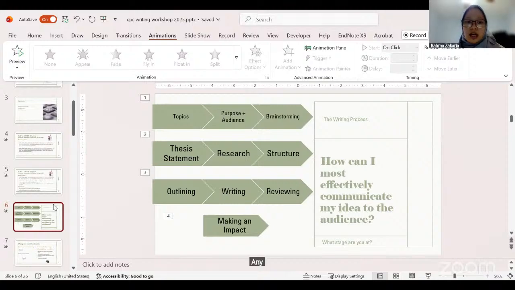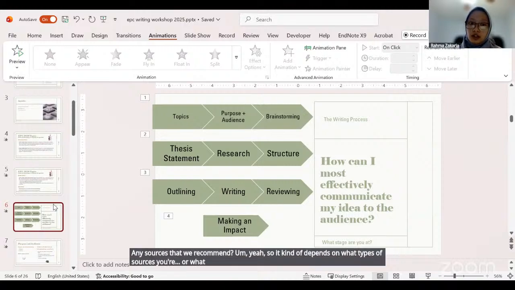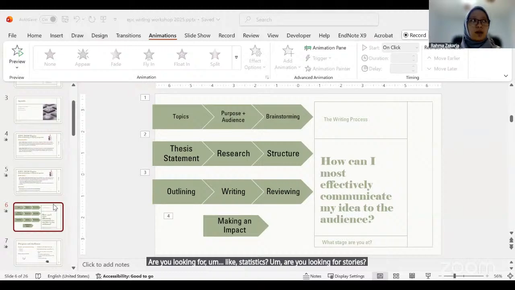Any sources that we recommend? Yeah, so it kind of depends on what types of sources or what kind of information you're looking for. Are you looking for statistics? Are you looking for stories?